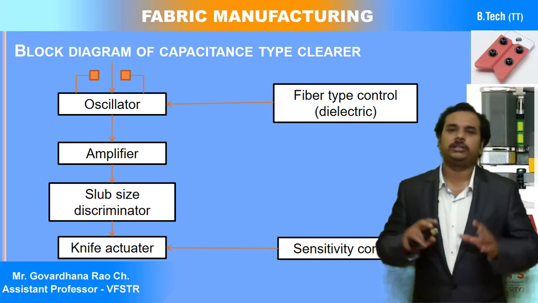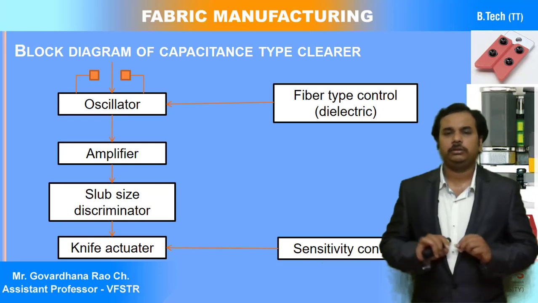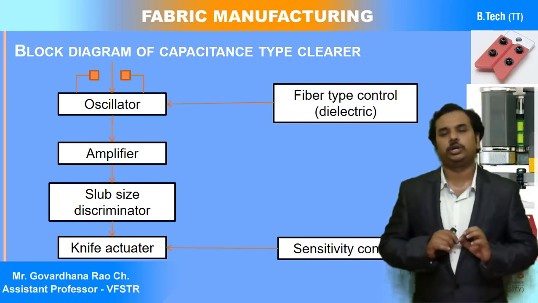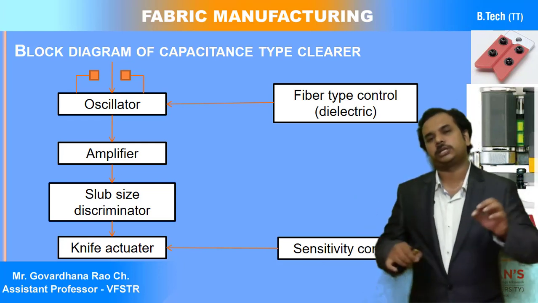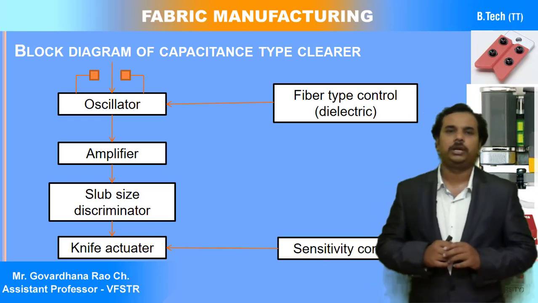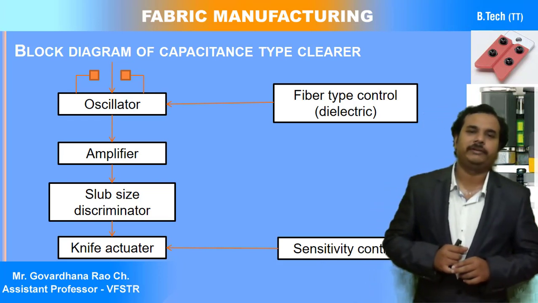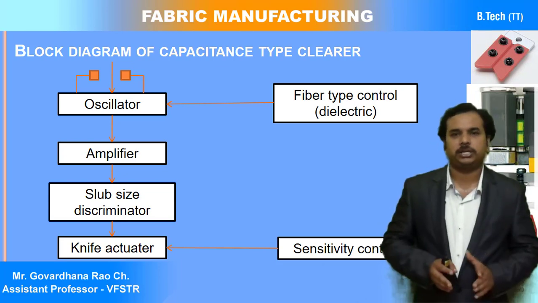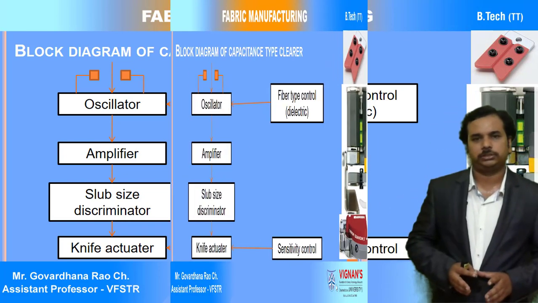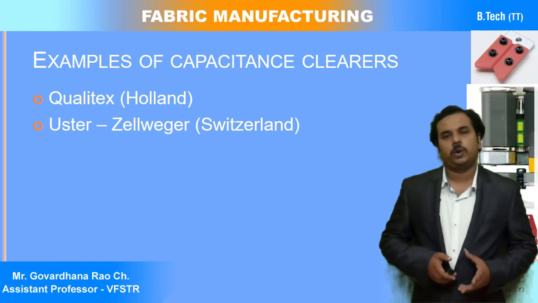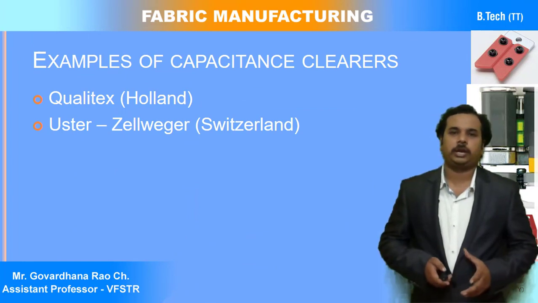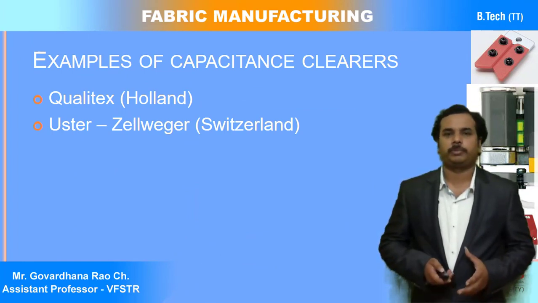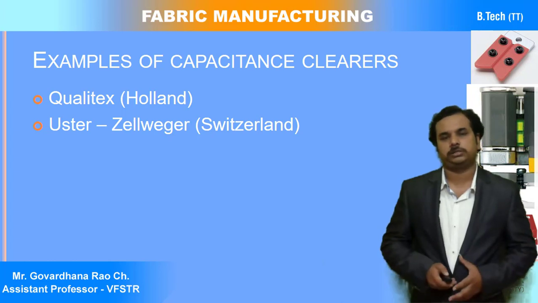Then after the cutting, what will happen? The two broken ends are going to be joined with the help of a splicing or knotting device. Clear? So this is how the capacitance type of clearer works. You can see here the different capacitor type clearers presently in the market.